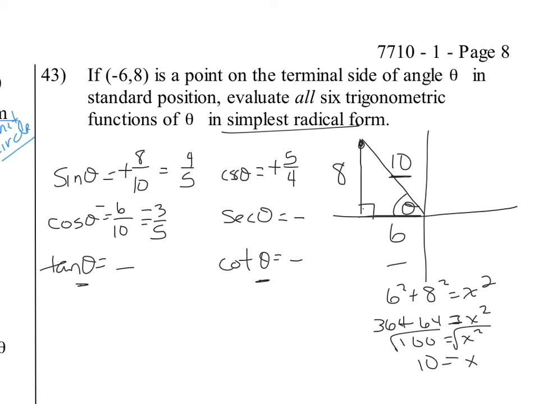And then secant, flip it, negative 5 over 3. Tangent, 8 over 6, or negative 4 over 3. And flip it, negative 3 over 4. All right, so I hope everything's right. Good luck.